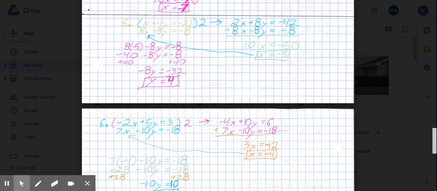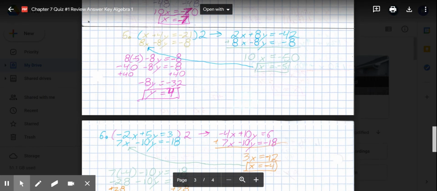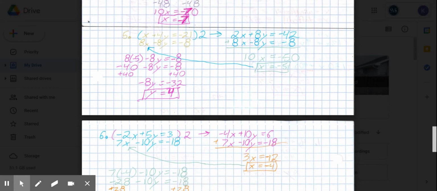With 5, our top equation, x plus 4y equals negative 21, bottom 8x minus 4y equals negative 8. So I could simply multiply the top equation by 2 to allow my y's to cancel.